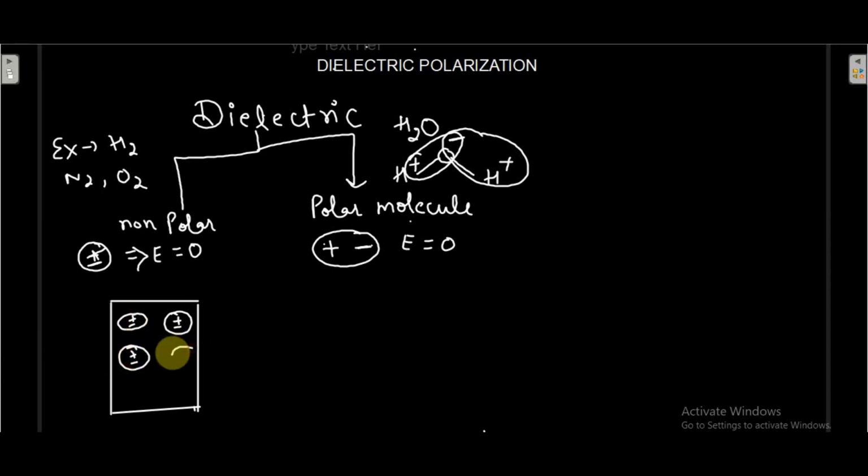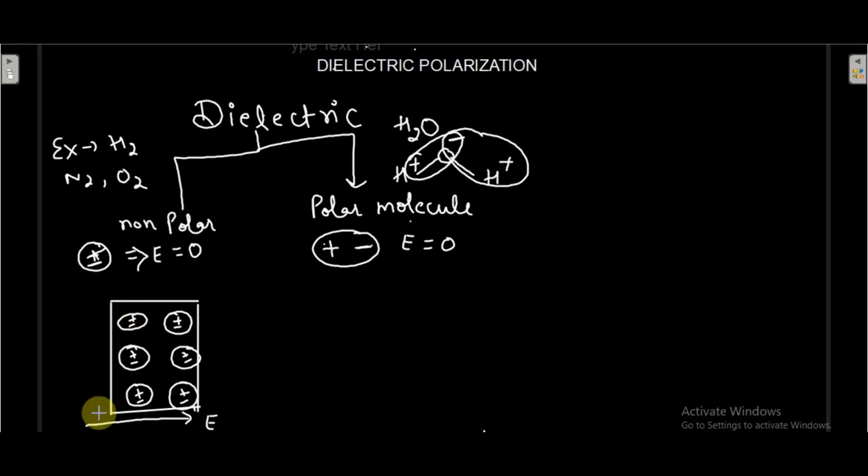So we can draw a non-polar molecule dielectric with positive and negative, positive and negative. Now what is the difference in this case? We place this dielectric substance inside an electric field. E is the electric field here.